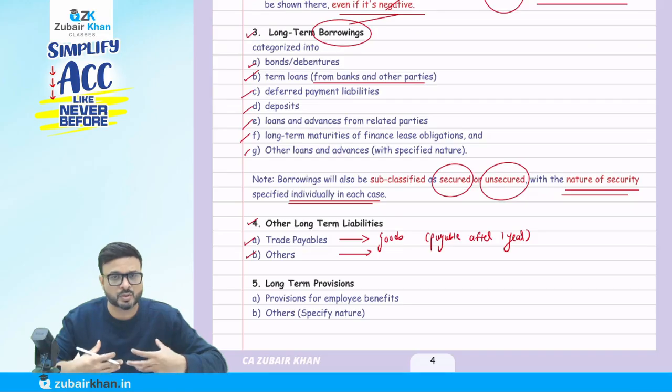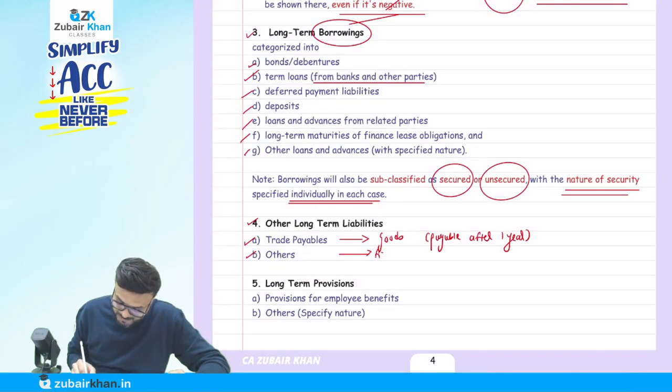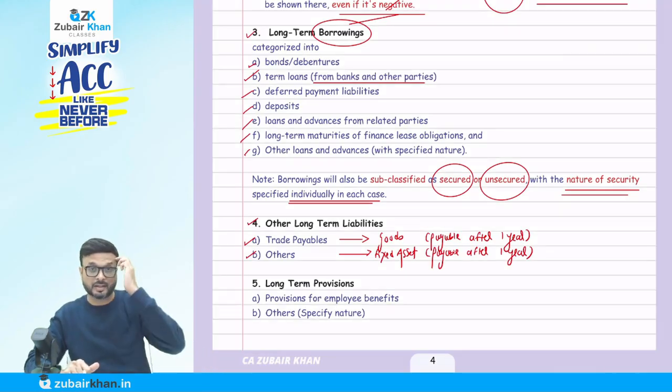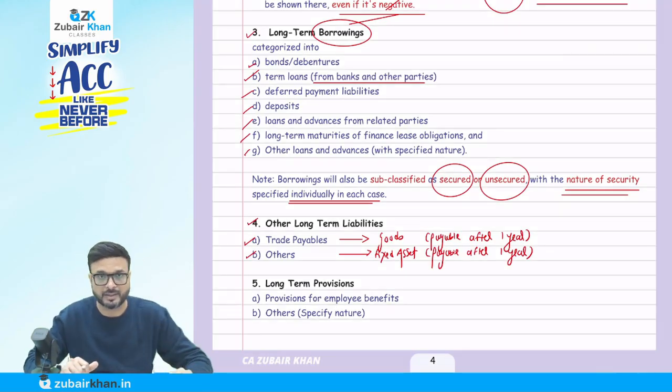Generally when you purchase goods on credit, we pay within a year only. Suppose you purchase a fixed asset and it is payable after 1 year. That's why they come under other long-term liabilities.